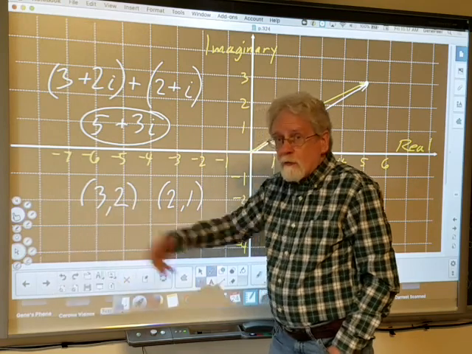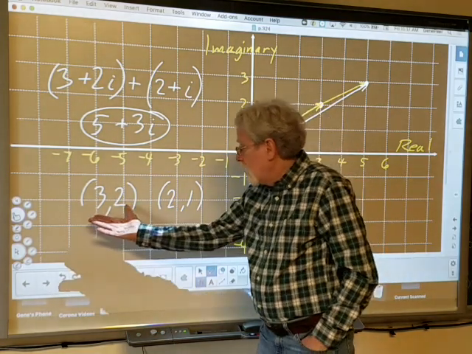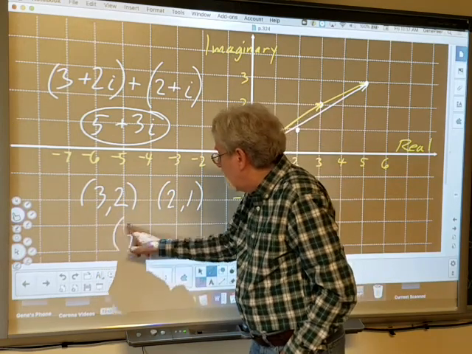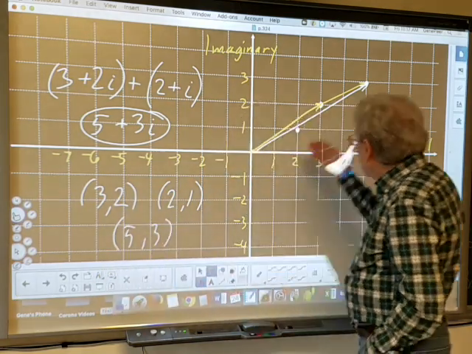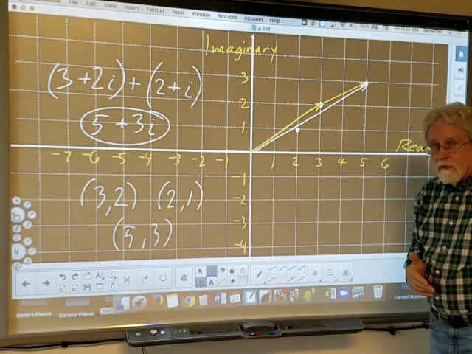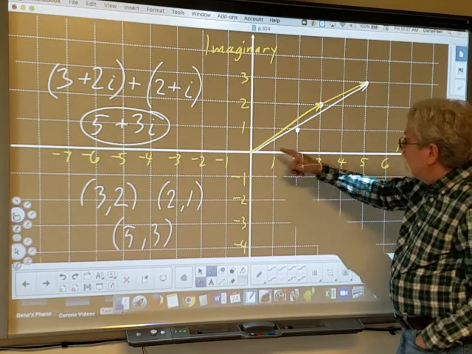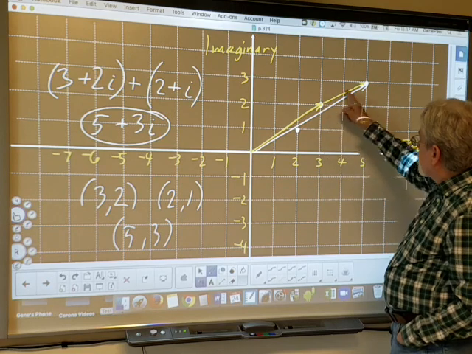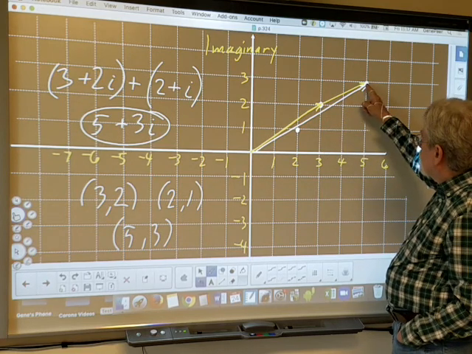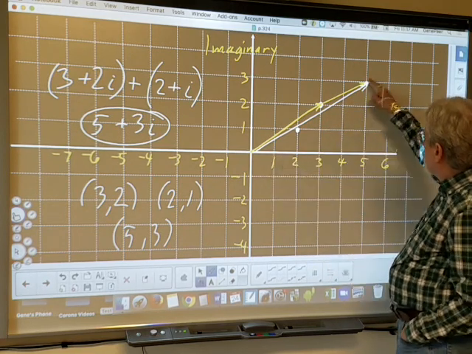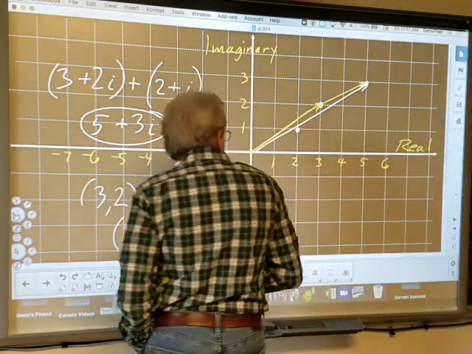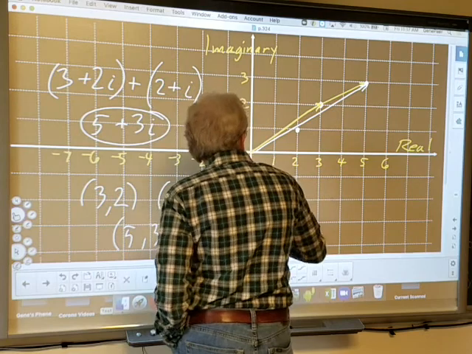We can now add ordered pairs. The ordered pair 3, 2 plus the ordered pair 2, 1 does indeed give the ordered pair 5, 3. And we see it right here by converting them to vectors and adding the vectors. 3, 2 plus 2, 1 gives us 5, 3.